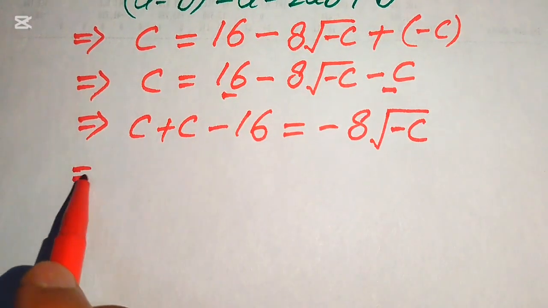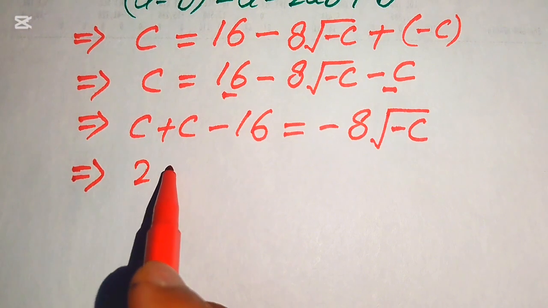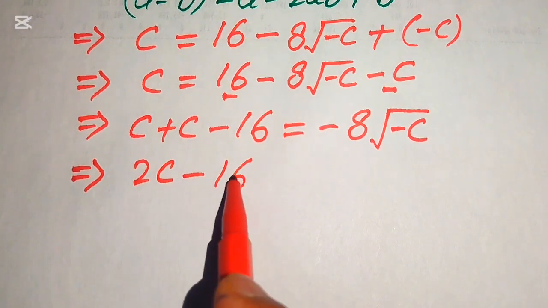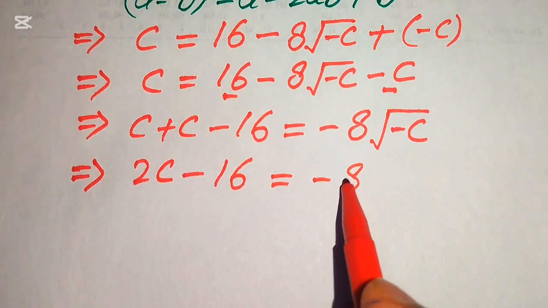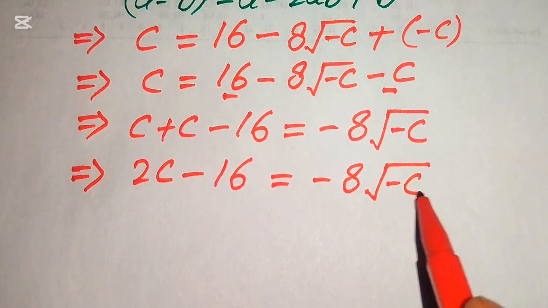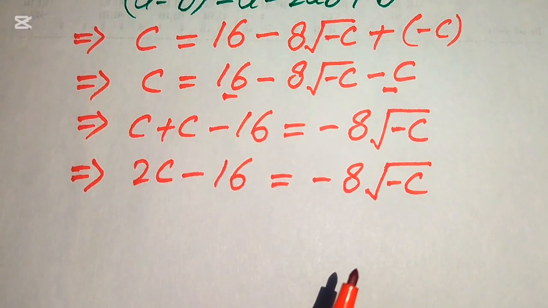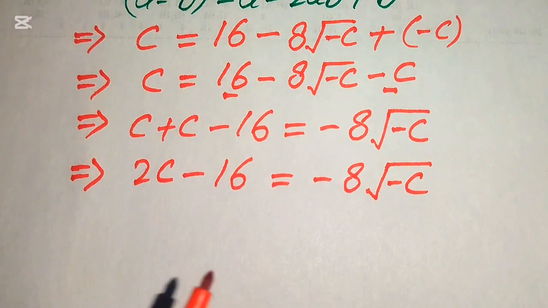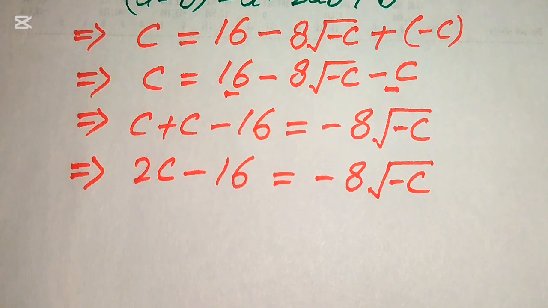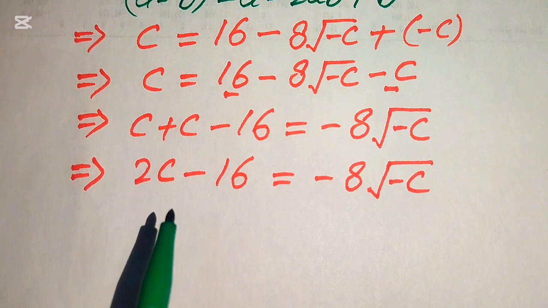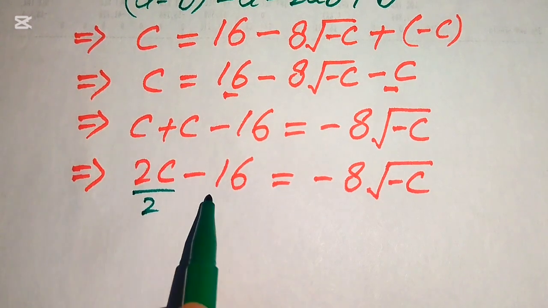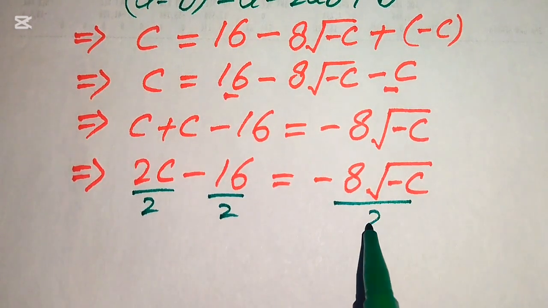And now in the next step we have c plus c becomes 2c minus 16 equals minus 8 times square root of minus c. And now further in the next step we need to divide both of the sides of each term by 2, and when we divide by 2 it will be written in this form.